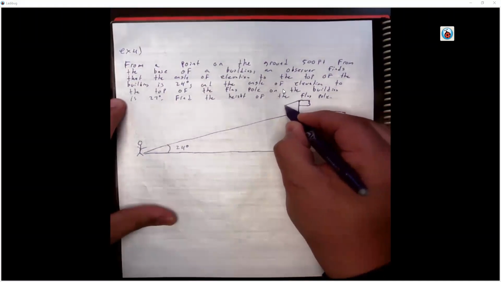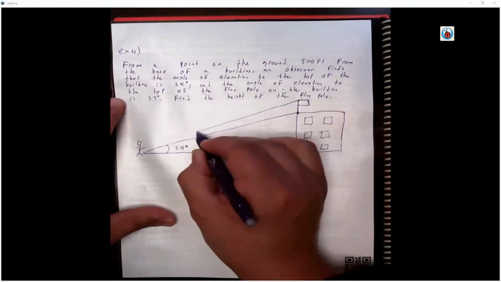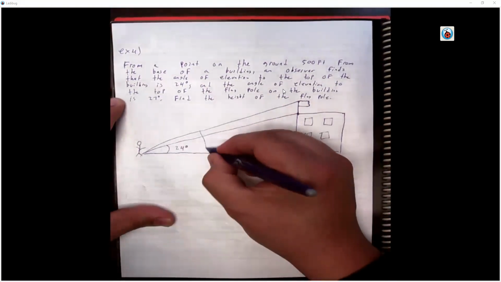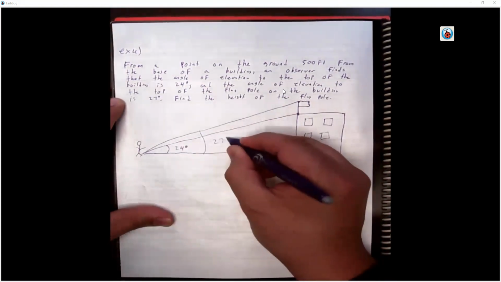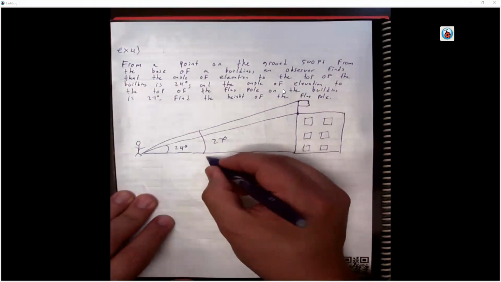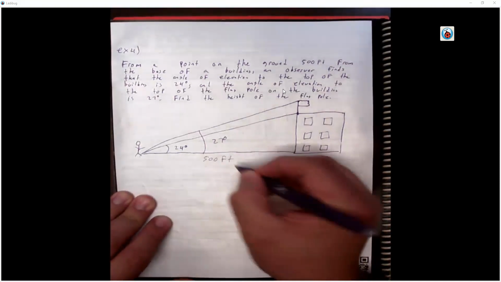Since I'm in the same spot and the flag is only slightly higher than the building, it makes sense that the angle is only a little bit bigger, right? I'm only looking a little higher relative to this point. Does that make sense? Okay. So I think this picture makes sense based on this information. And this guy is standing 500 feet away.